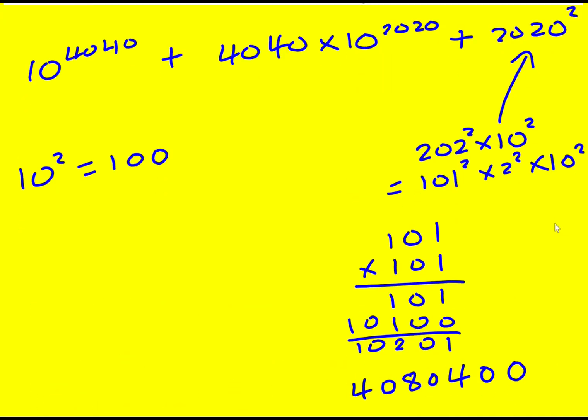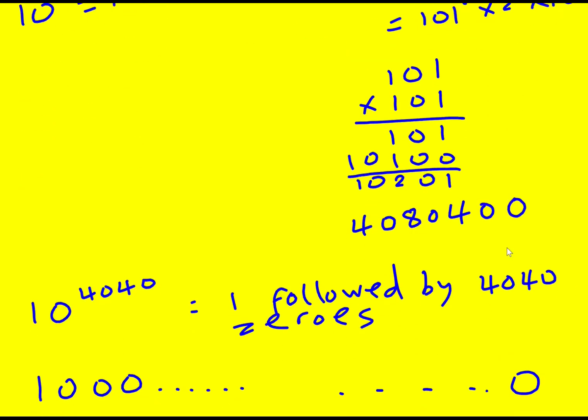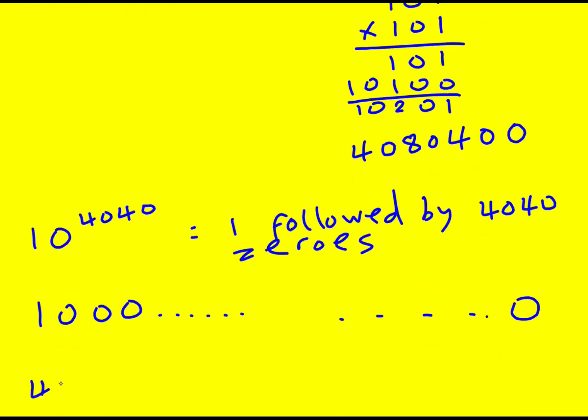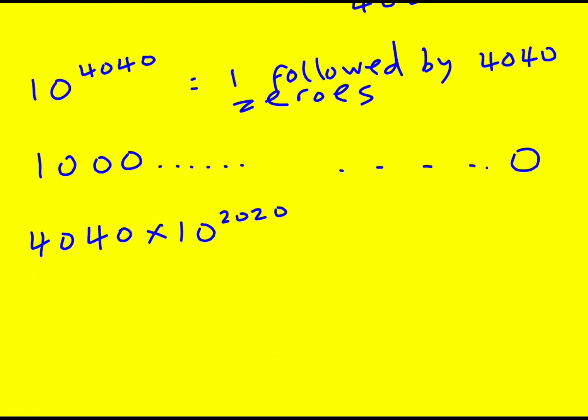This 4040 times 10 to the 2020. Well, we're definitely going to get a 4. It's going to be smaller, but I'm going to have 4040, and then all the rest are going to be 0.